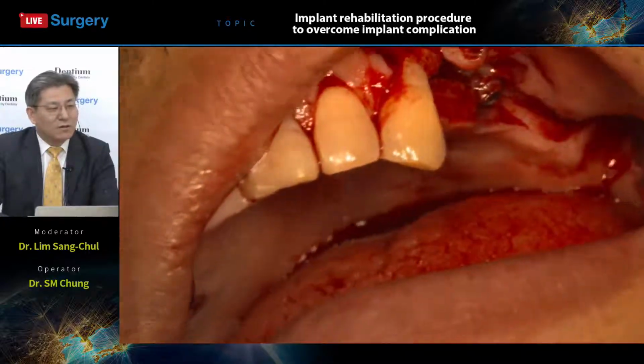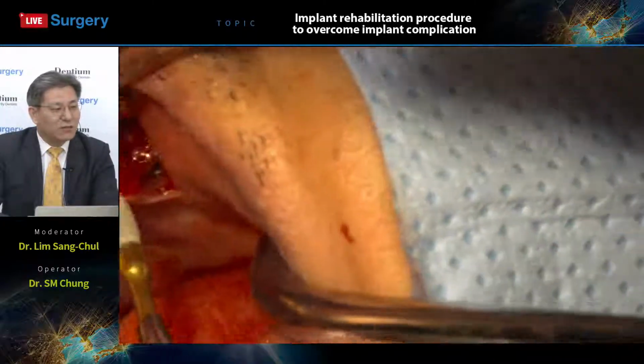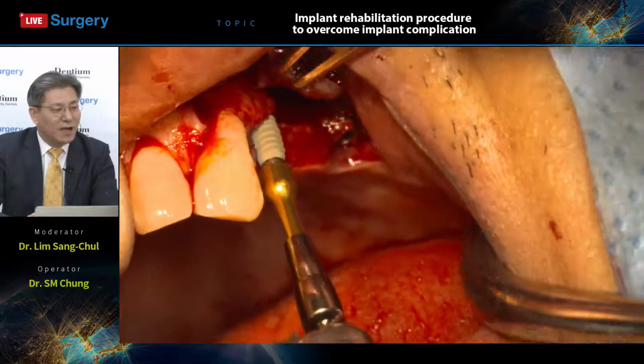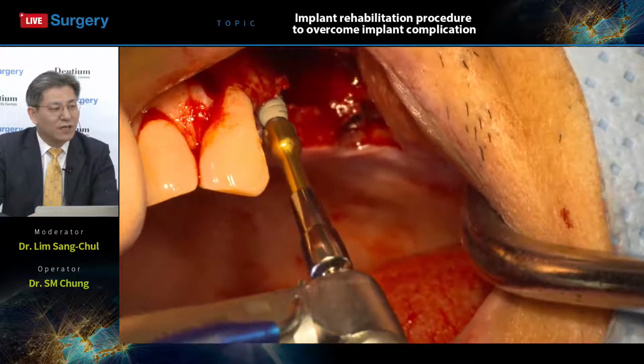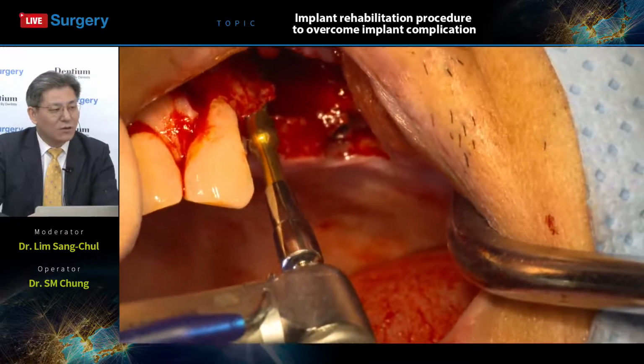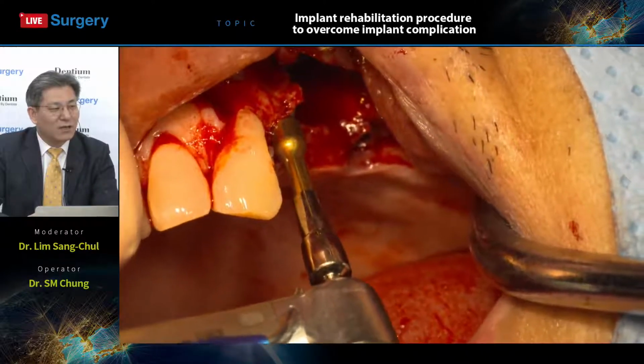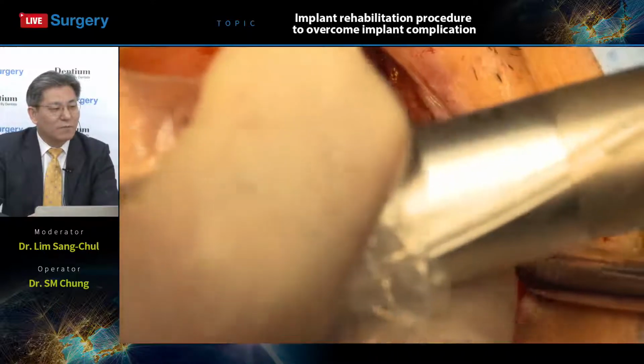So now Dr. Zhang wants to use this NTI tissue level implant. So he is going to try again. Okay, good. Then anyway, engage the bone.